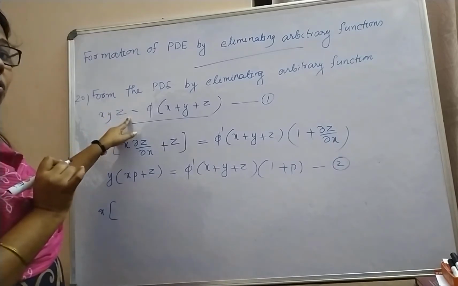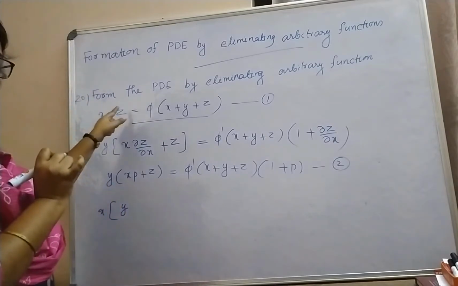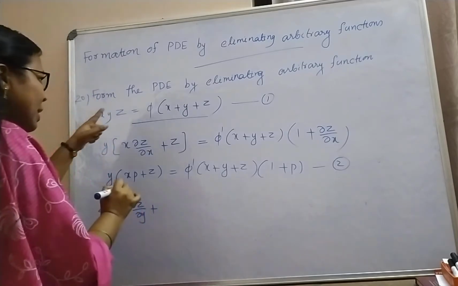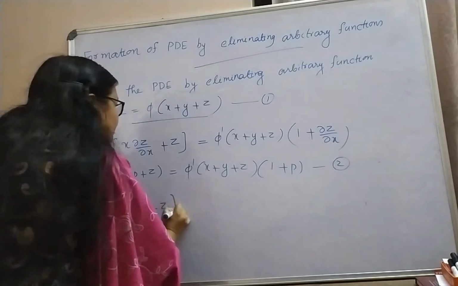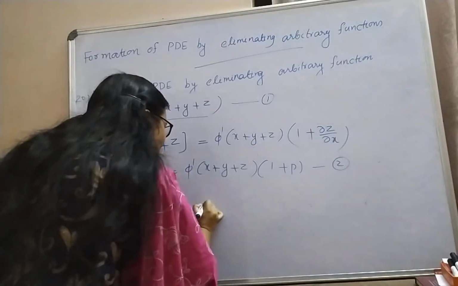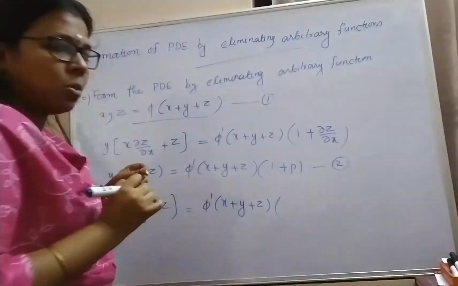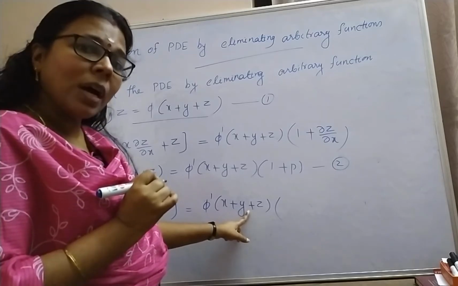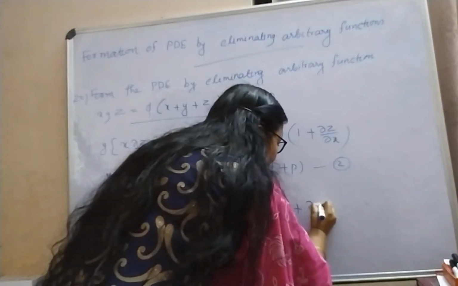Since z is a function of x and y, that is first function y into the partial derivative of z with respect to y, which is dou z by dou y, plus second function z into the partial derivative of y with respect to y, which is 1, equal to the partial derivative of phi of x plus y plus z, which is phi dash of x plus y plus z, into the partial derivative of x with respect to y, which is 0, the partial derivative of y with respect to y, which is 1, and the partial derivative of z with respect to y, which is dou z by dou y.